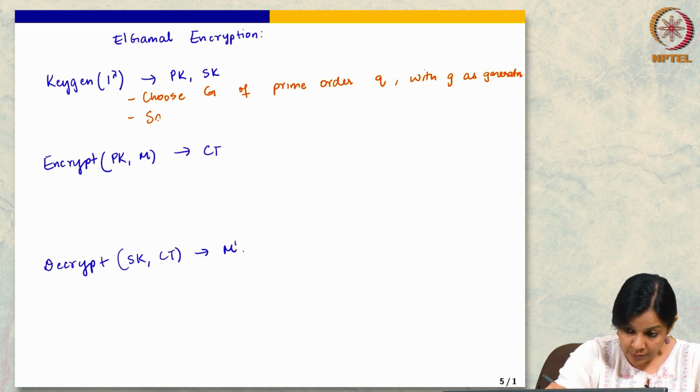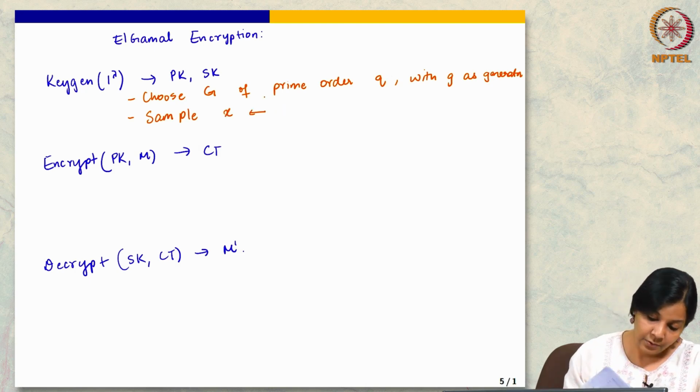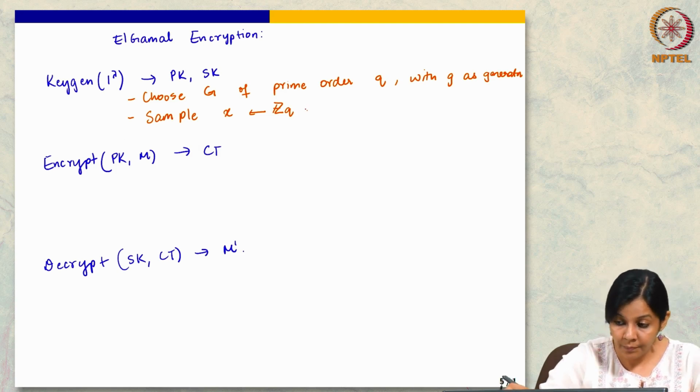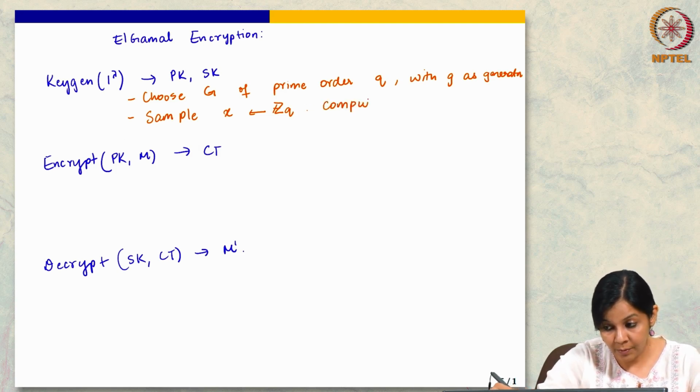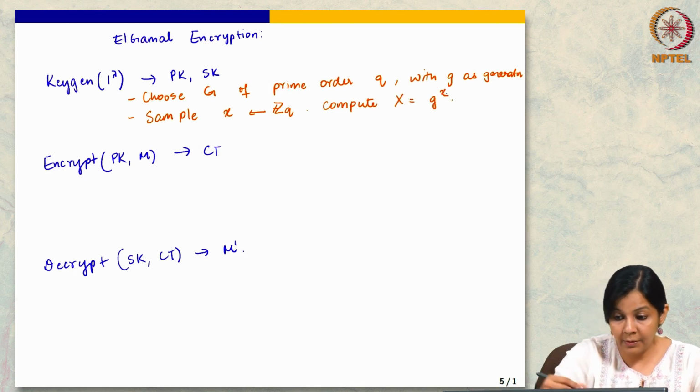Now sample x from Z_Q. Compute X is g to the x.